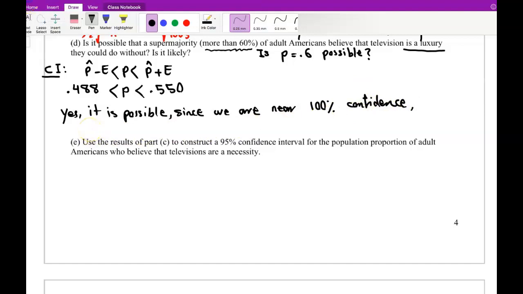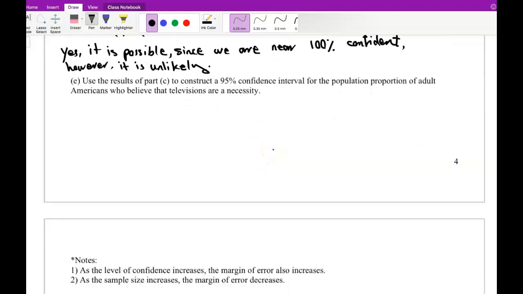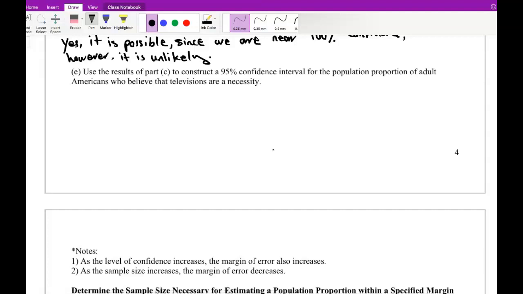So I don't want to write confidence interval, so I'm changing that to confident. So however, then it's asking, is it likely? However, it is unlikely. So the answer for possible was yes.